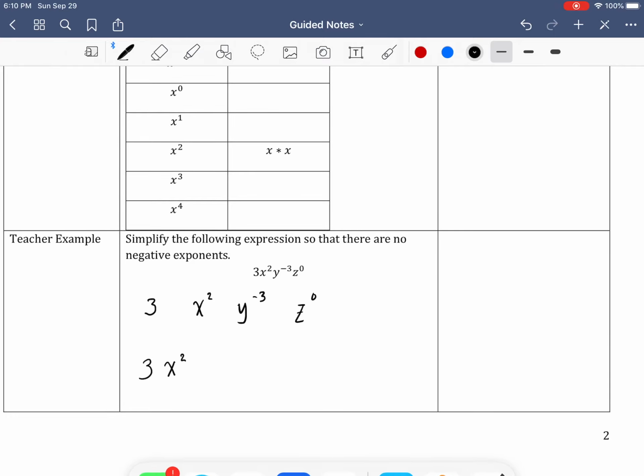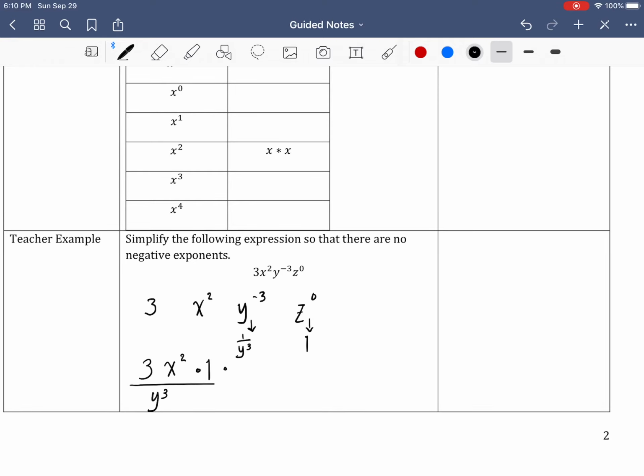And so what we can turn this into here is 1 over y to the 3rd. So if it's 1 over y to the 3rd, that means we're going to make this part a fraction, and then our y to the 3rd is in the denominator. It's being multiplied by 1. And what we know is that anything to the 0th power is also equal to 1.